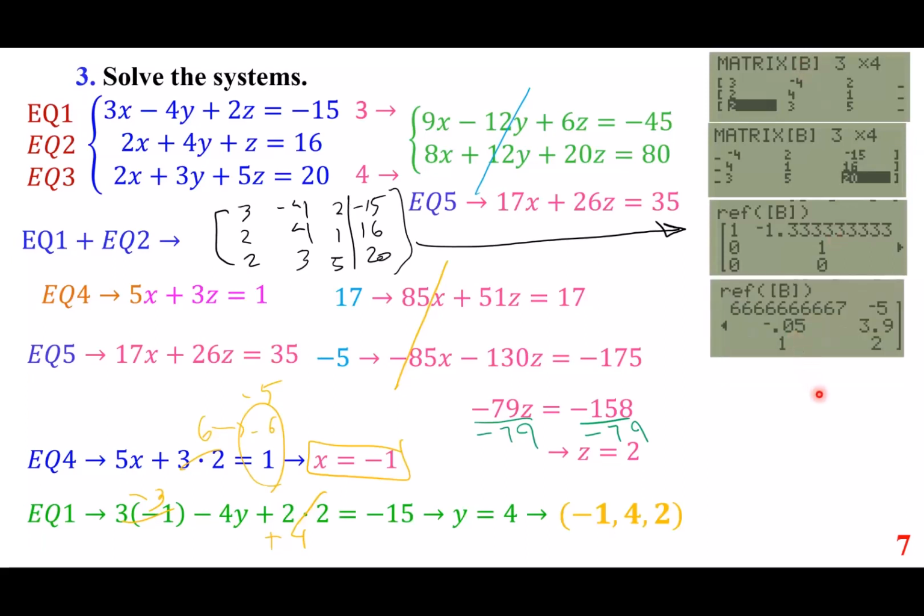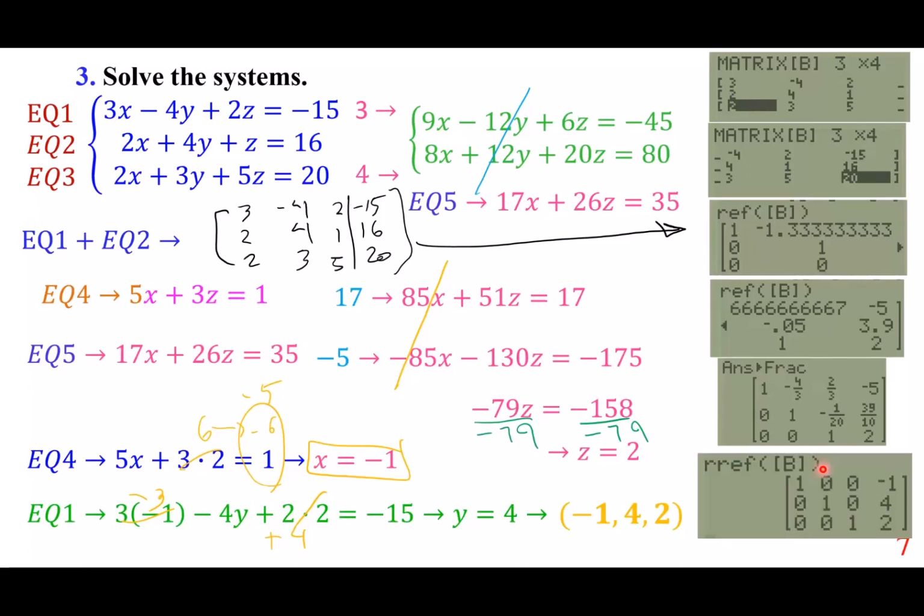We also do REF, and I'm going to change this to a format. So this is R. We're going to change the answer to fraction. And if I do REF in one shot, again, these are row echelon form.